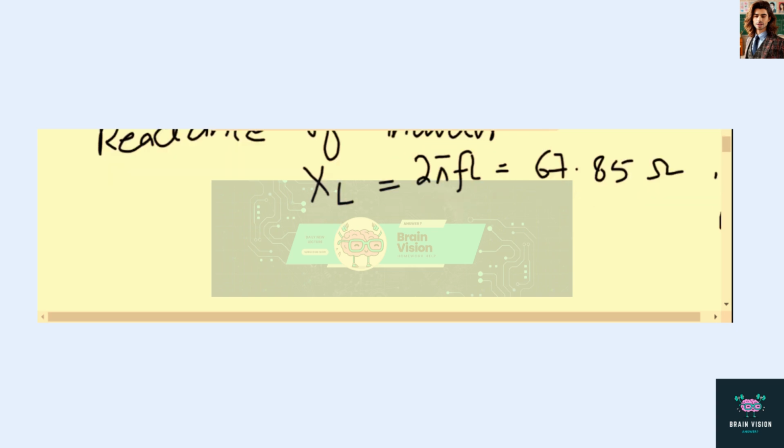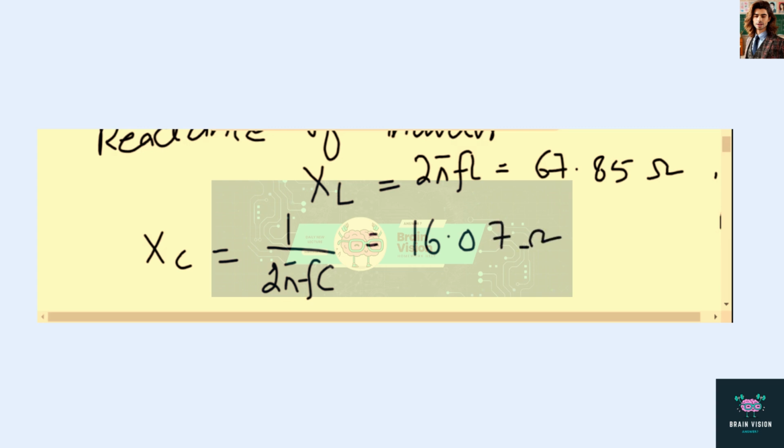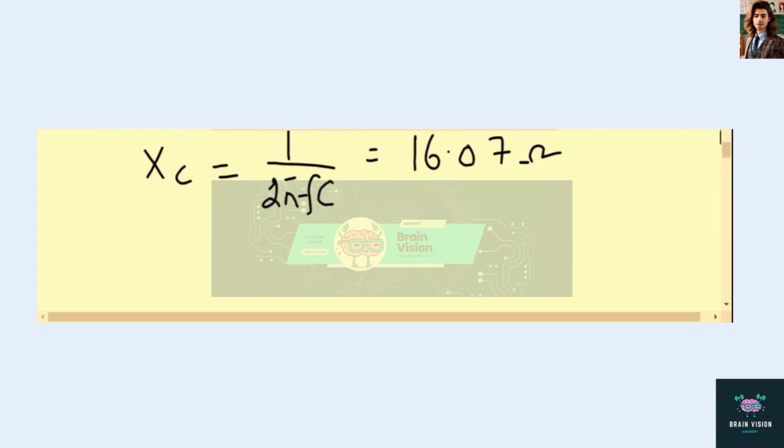The next thing that we need to find is the capacitive reactance, that is XC. We know the formula, 1 over 2 pi f C. Substitute the values and you will get 16.07 ohm. Now if you compare these two values, you will get to know that XL is greater than XC, that is inductive reactance is greater than capacitive reactance.